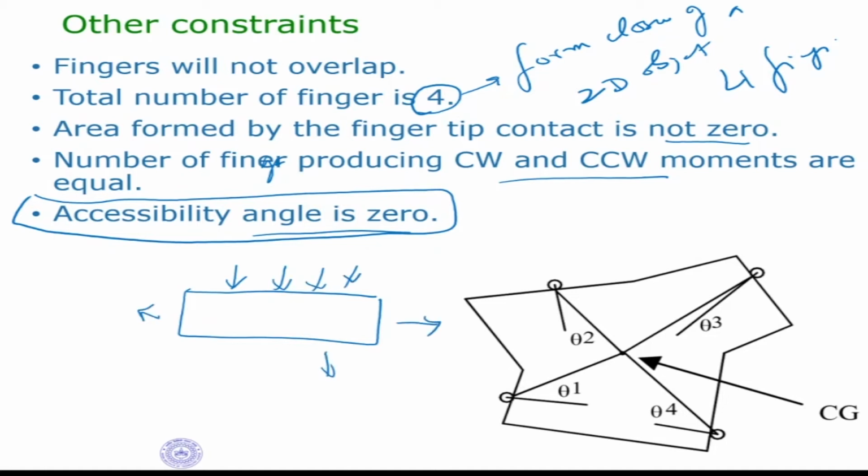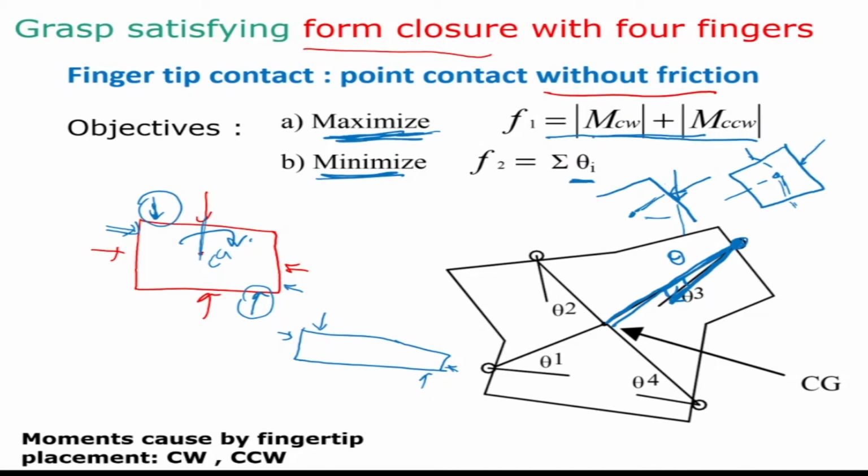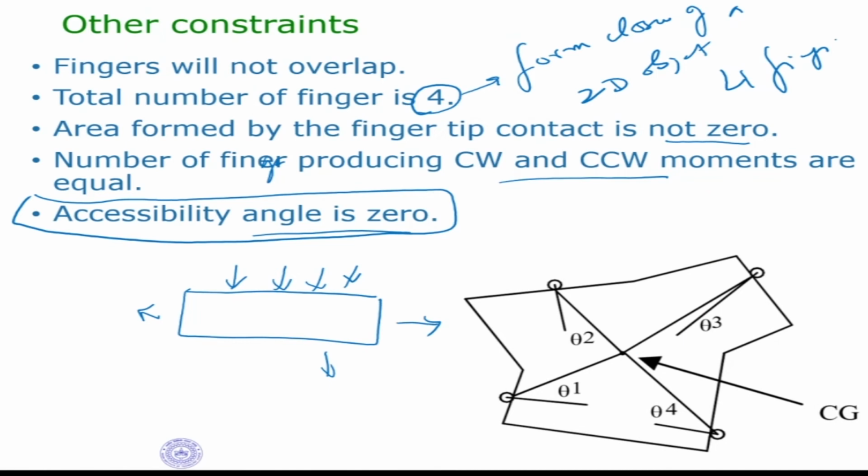It is not constrained. It is not in form closure. So simply maximizing and minimizing the moments may not give you the solution. We also need to look at the accessibility angle. Accessibility angle essentially means that if you have caught an object by 4 fingers, it should not be able to escape in any direction.